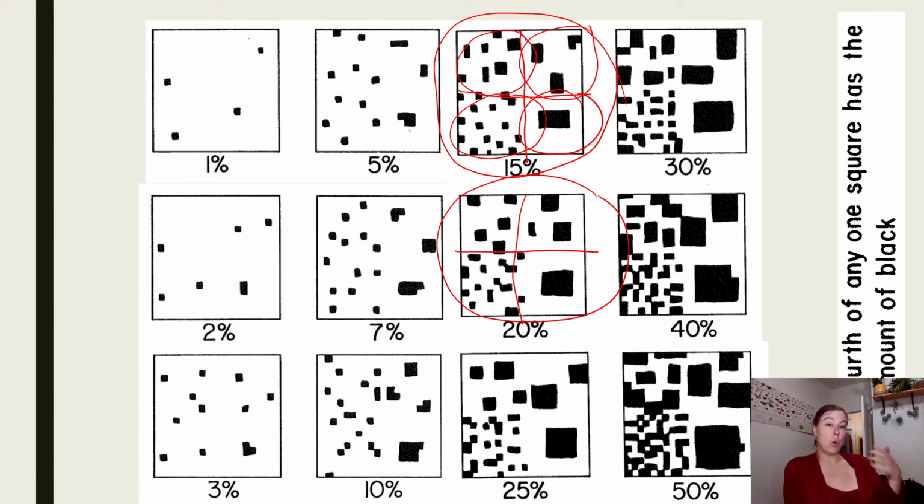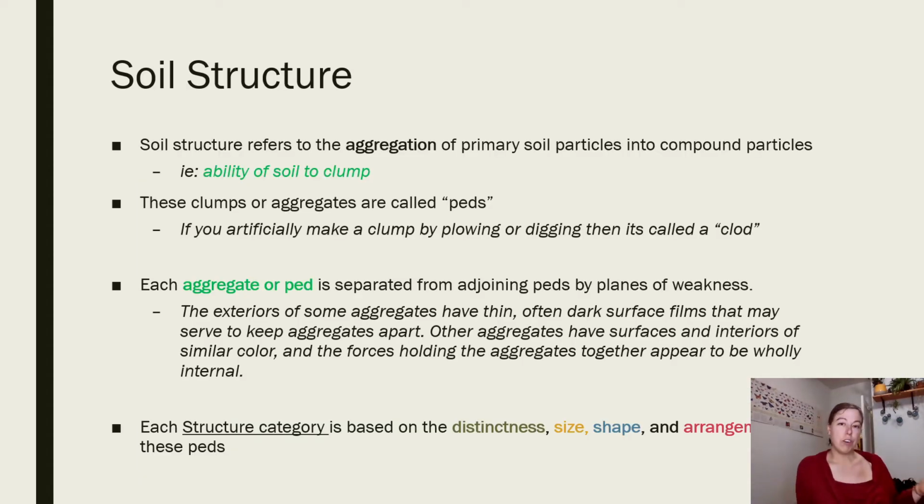And you compare your mottle pattern to one of these mottle patterns to try and get an idea of what percent mottles you have. After we do mottles, we're going to move on to soil structure and consistence. The structure is the aggregation. Those soil particles sometimes clump together.